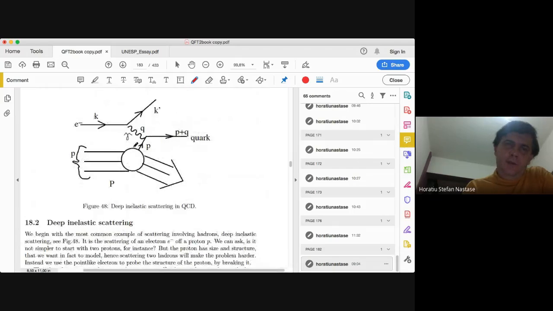Yeah, so I said that at low energy we have partons that are non-perturbative states, but of course, if we do this at sufficiently high energy, then what we extract is actually a quark.